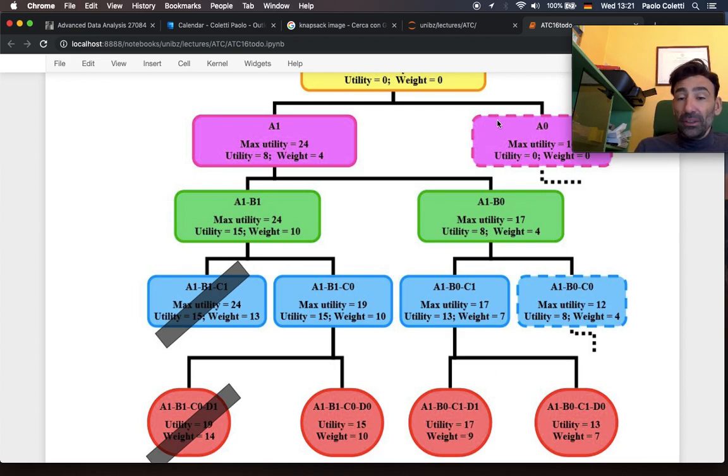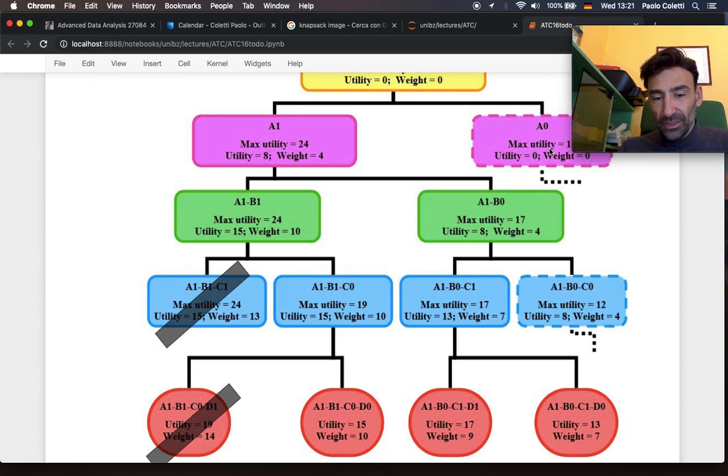So it helped, in particular this one helped us a lot, because we discarded half of the possibilities, which in this case are 8, because this tree has 16 final solutions, so 16 leaves. Not examining this one already saved us from examining 8 leaves.